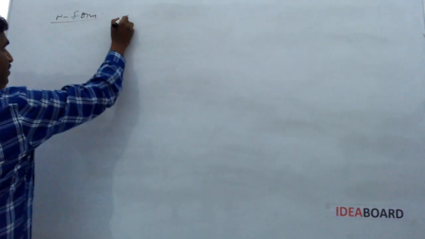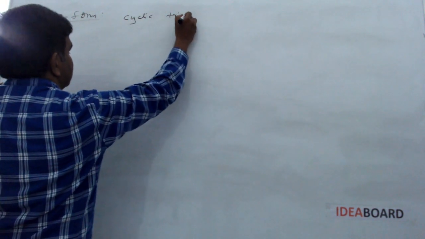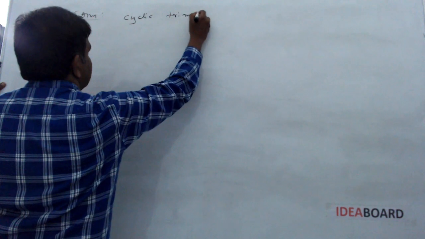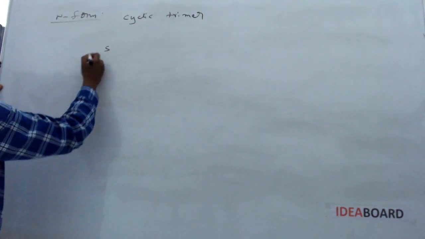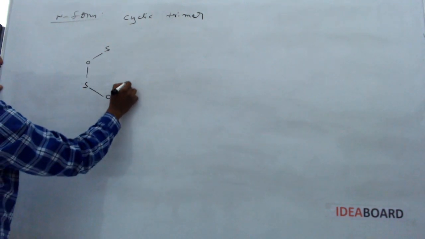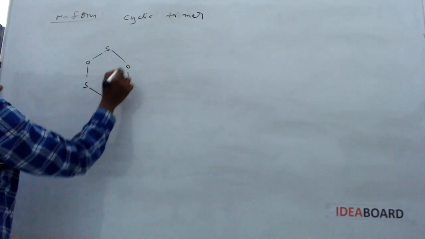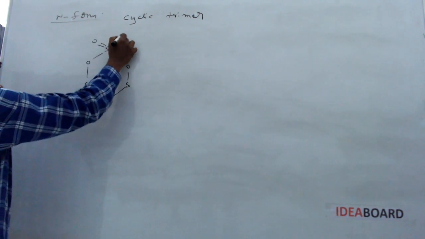And next, gamma form. If gamma form of sulfur trioxide is taken, it is considered a cyclic trimer. This cyclic trimer form we can write like S O S O S O, and here this sulfur is having 2 more oxygen atoms.